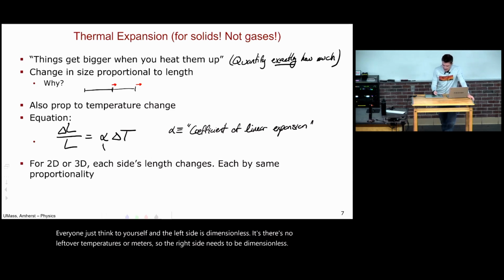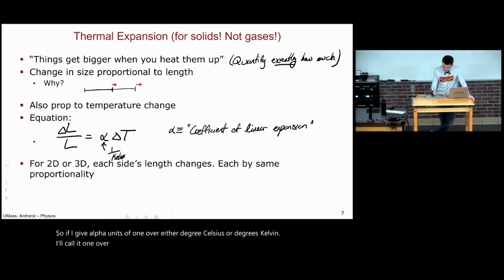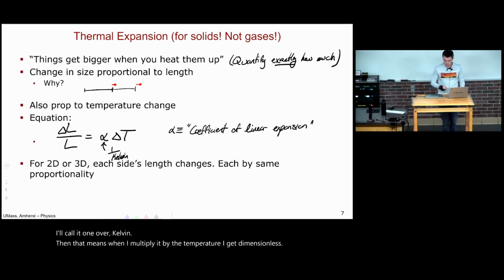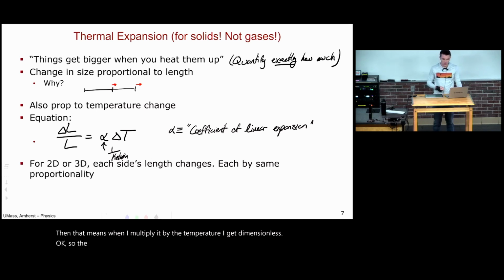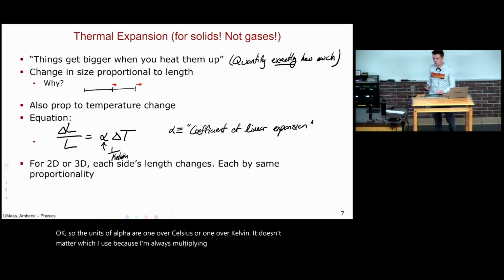So if I give alpha units of 1 over either degrees Celsius or degrees Kelvin, I'll call it 1 over Kelvin, then that means when I multiply it by temperature, I get dimensionless. So the units of alpha are 1 over Celsius or 1 over Kelvin. It doesn't matter which I use because I'm always multiplying by temperature change, which you can do in Celsius or Kelvin.